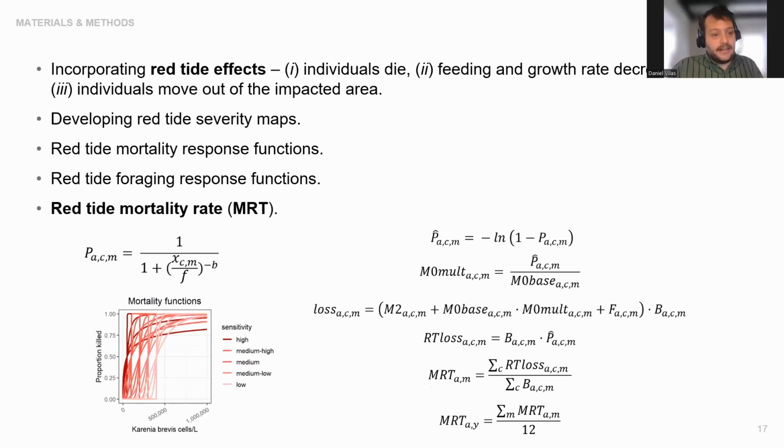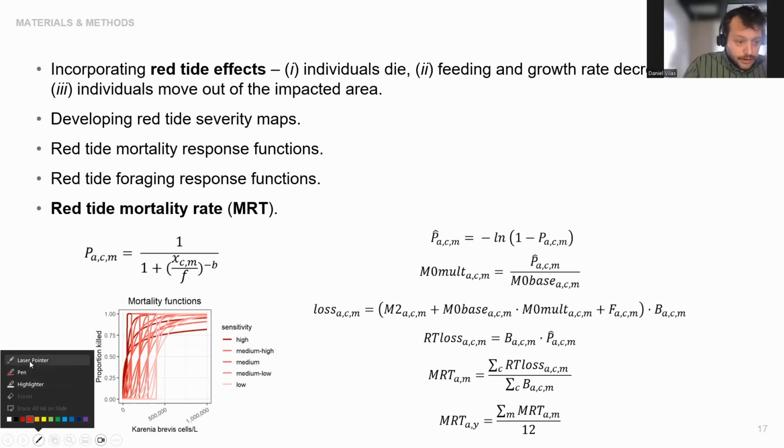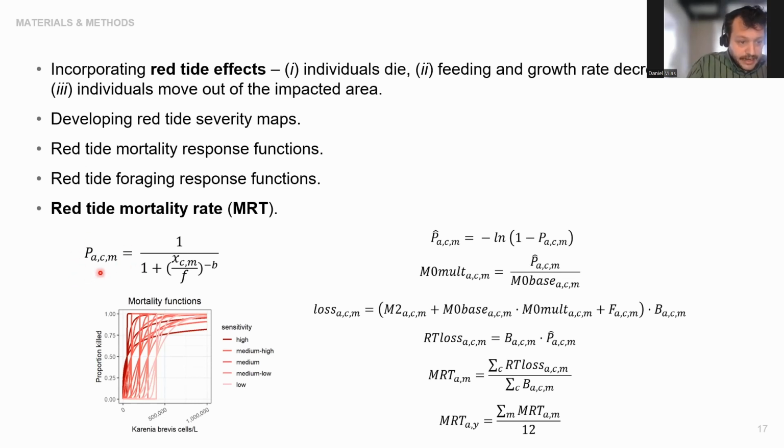And one of the main outputs of the model was the red tide mortality rate. On the left, just above the figure, we see this equation where dx represents the proportion, the concentration, f is the inflection point, b is the slope, and we got that proportion in each group, cell, and month.